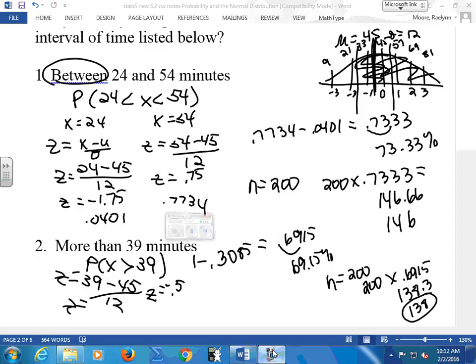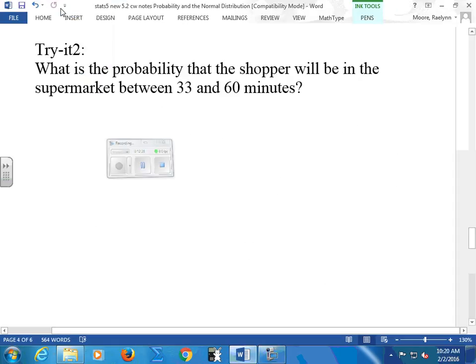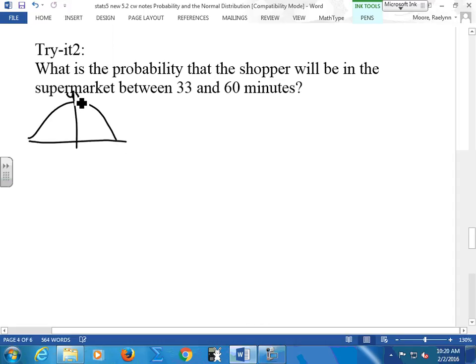Okay, does this make sense? So, again, we are at 45. Let's just write this down here. Okay, we're at 45, and our standard deviation was 12, right? So we are at 57, at 69, at 81, at 33, at 21, and at 9.